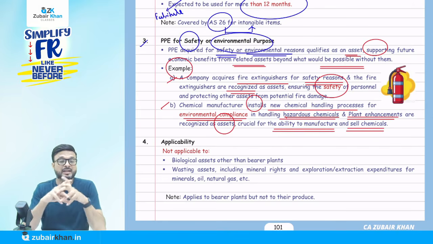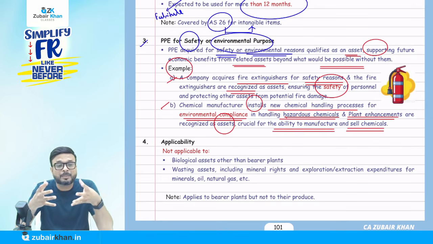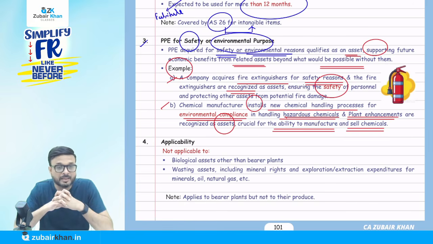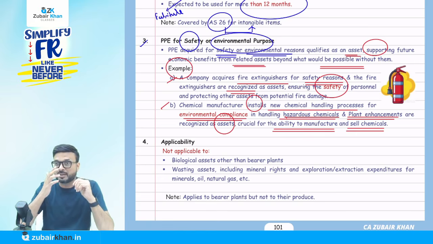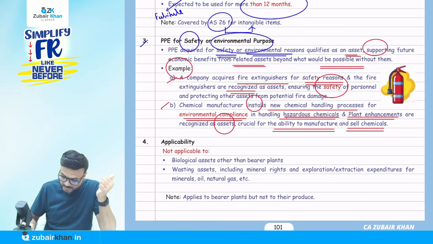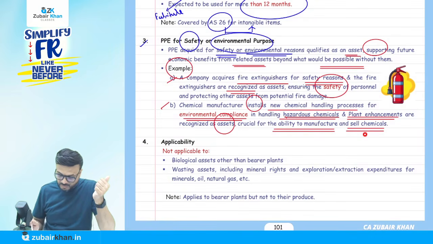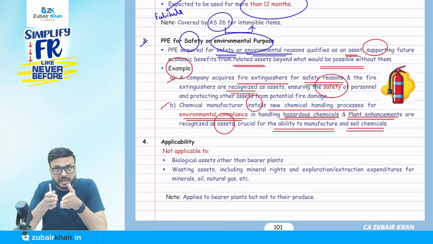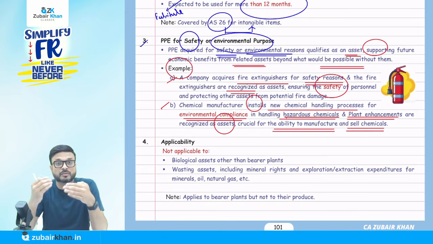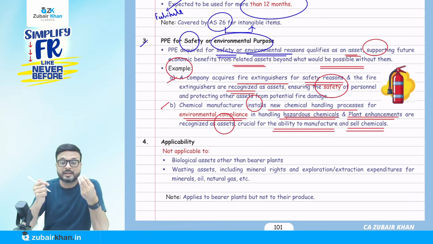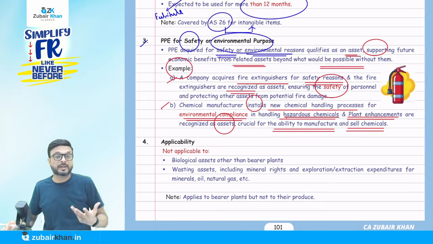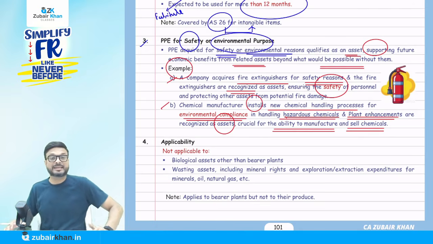So to safeguard the environment and ensure compliance, they purchased new chemical handling machines. These are recognized as crucial for the ability to manufacture and sell chemicals. They purchased the new machine for what purpose? To handle the hazardous chemicals. So that is for the purpose of the environment. So it is also PPE.